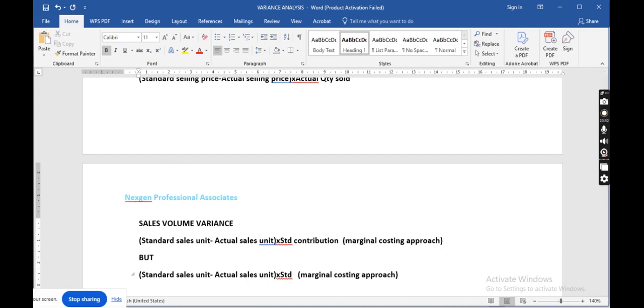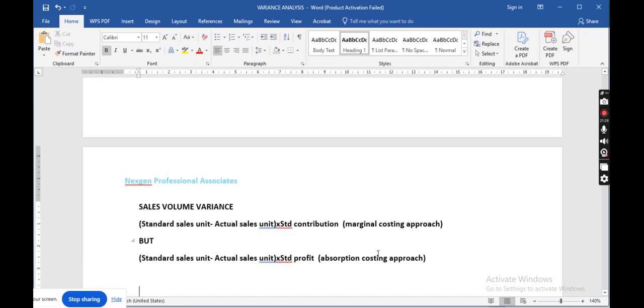So this is absorption costing, right? The question will tell you if it is based on marginal or absorption. It will clearly be stated in the question, class. So standard profit.